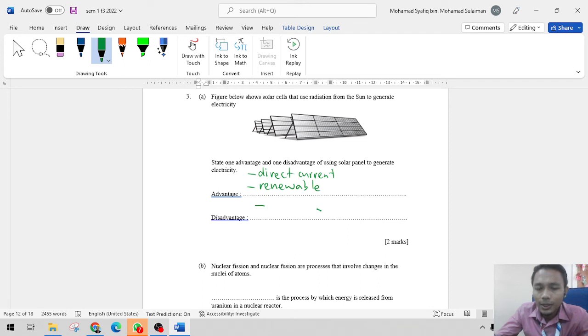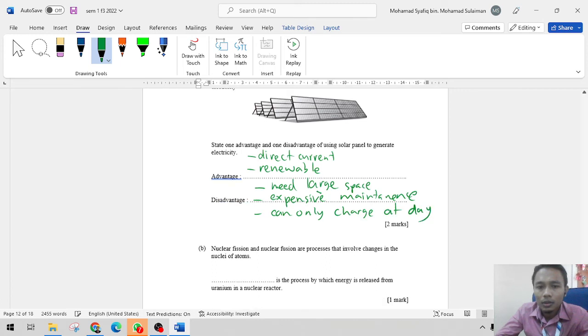Disadvantage can be need large space, expensive maintenance, and can only charge at day.